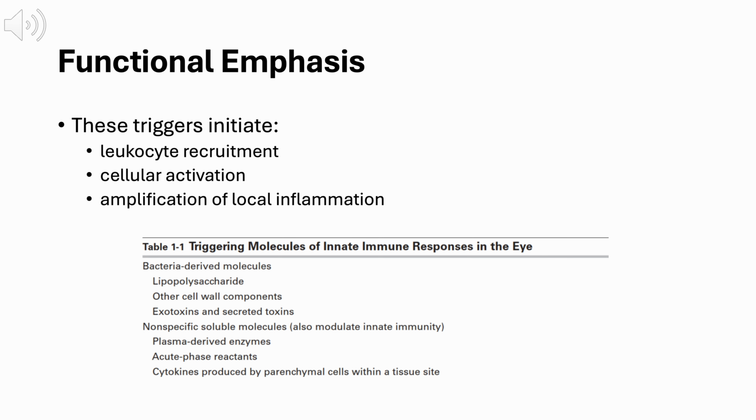These innate triggers ultimately produce three closely linked effects: recruitment of leukocytes, activation of those cells, and amplification of local inflammation. As summarized in the table, bacterial signals include lipopolysaccharide, other cell wall components, and secreted exotoxins. The response can also be modified by less specific soluble factors, including plasma-derived enzymes, acute phase reactants, and cytokines released by injured ocular parenchymal cells.